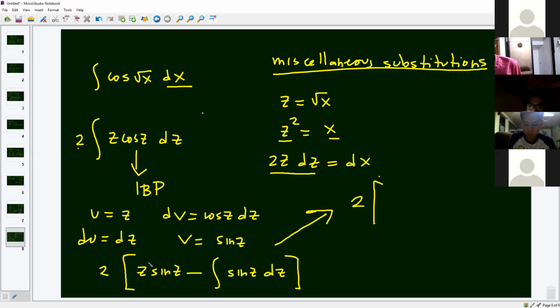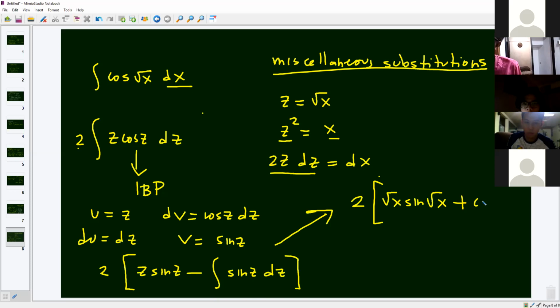2, z sine z is already good. So babalik ko lang si square root of x: square root of x, sine square root of x. Now notice na integrable na si integral sine z dz. What is the integral of sine z dz? Negative cos. So this will become a plus cos z. Right?